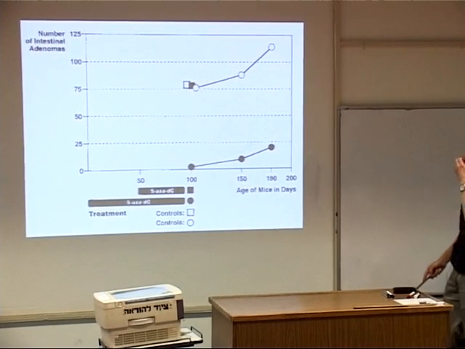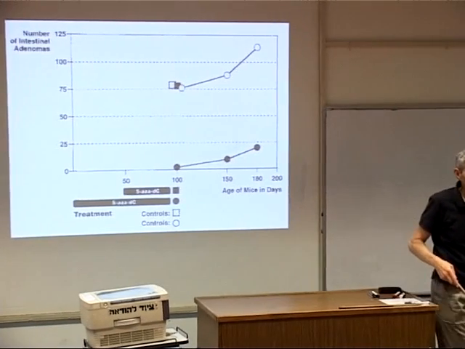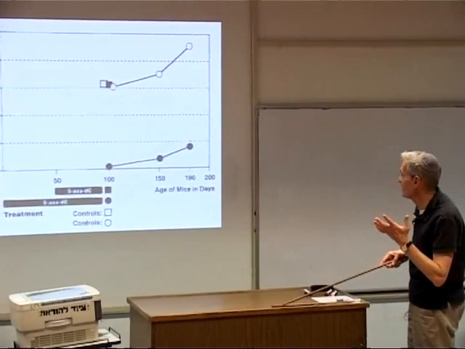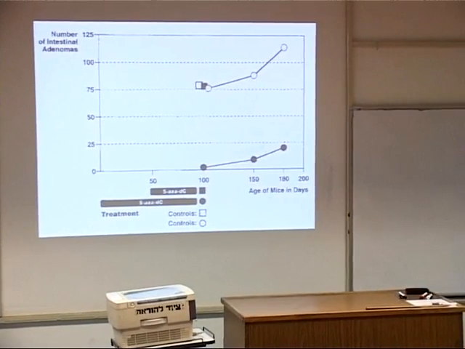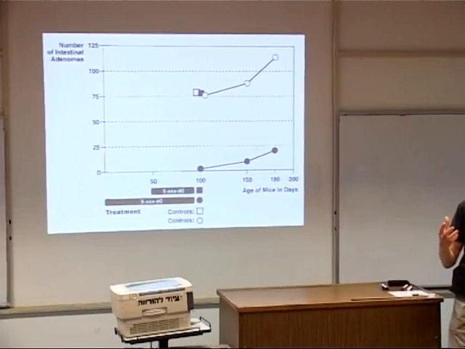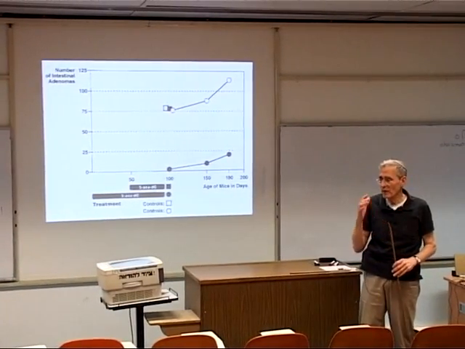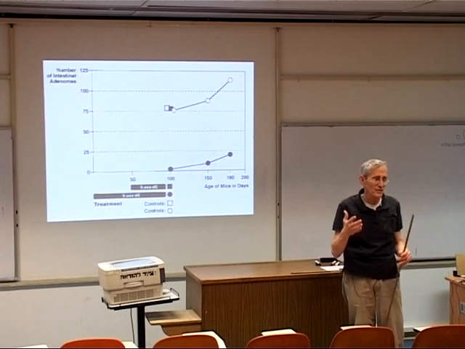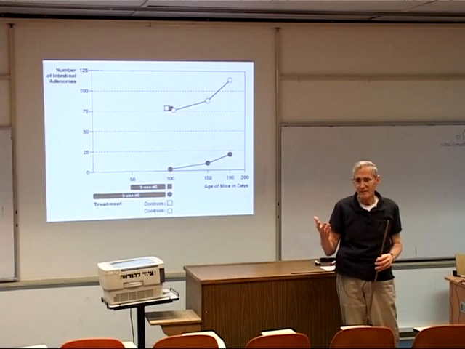So in support of this idea is this experiment by Rudolf Jaenisch, which was done more than 10 years ago, maybe 12 years ago. What he did was he took mice that are a model for colon cancer. These are min-minus mice. They have one allele of the APC gene, which in the mouse is called min, deleted.